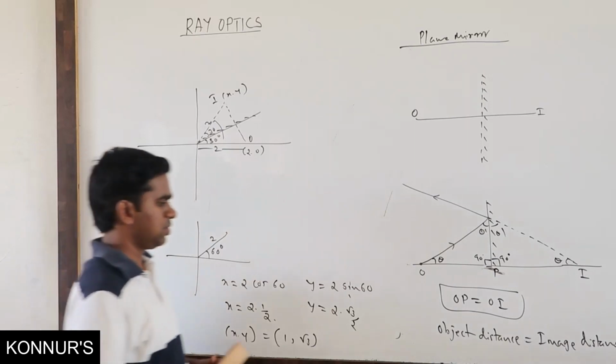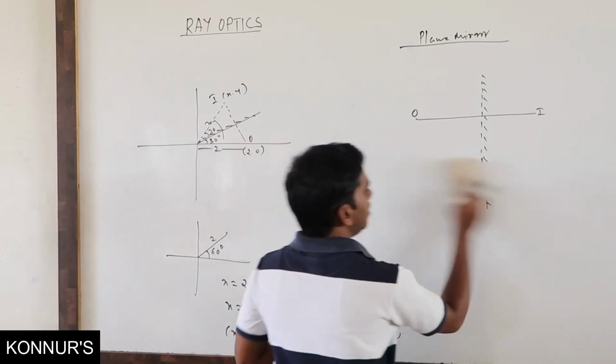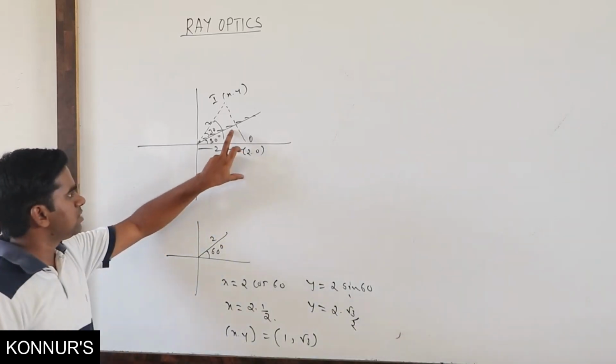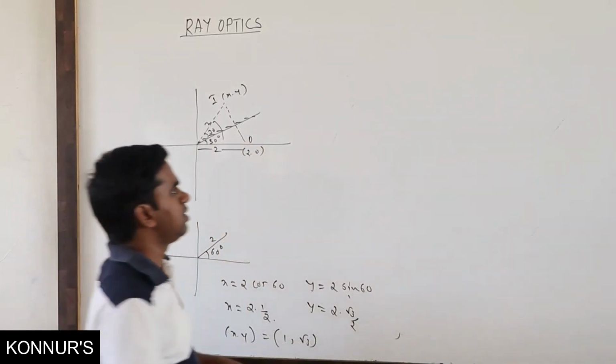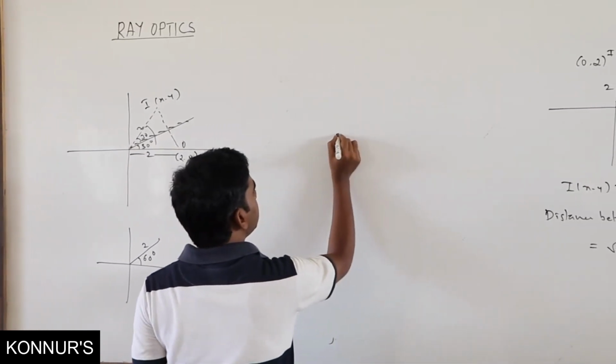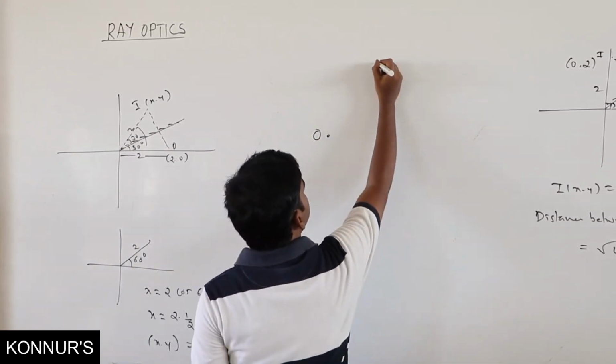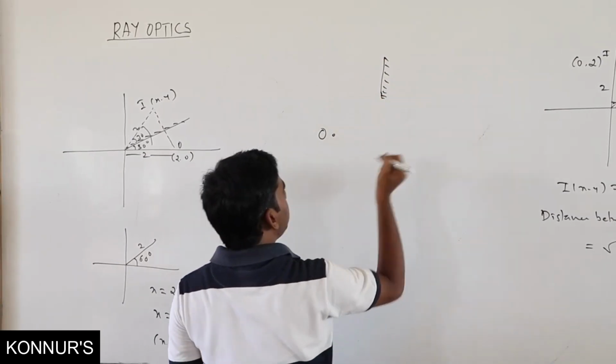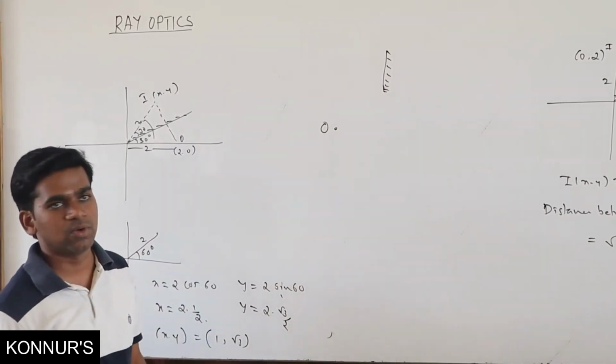Sometimes what will happen is the object is not in front of the mirror. Suppose this is the object and the mirror is going to capture at this point. So where will be the image? Will the image form or not?